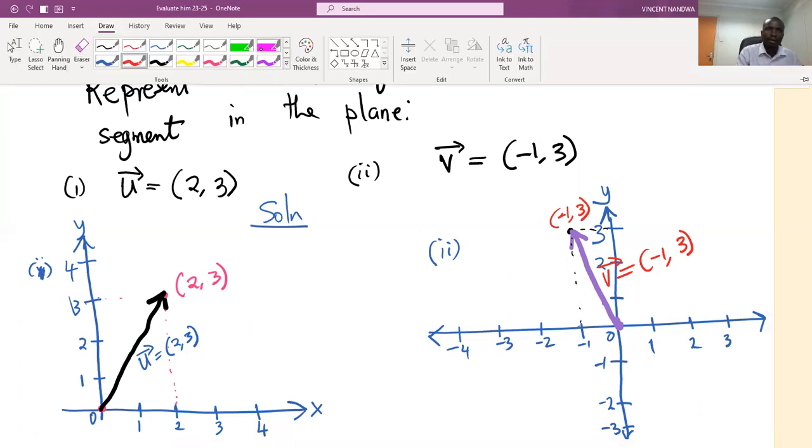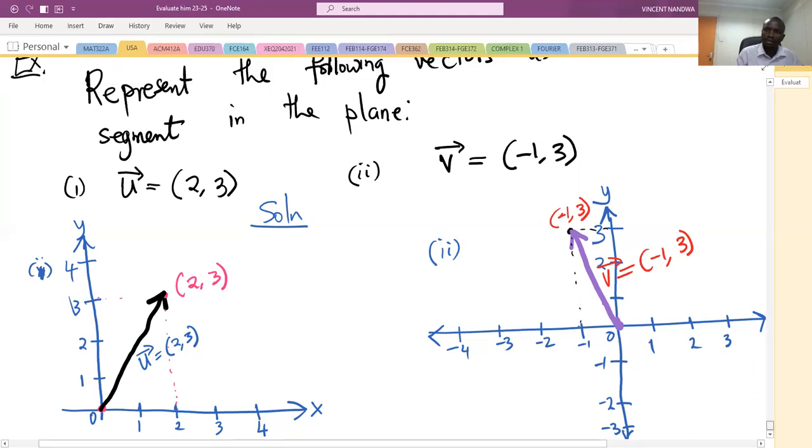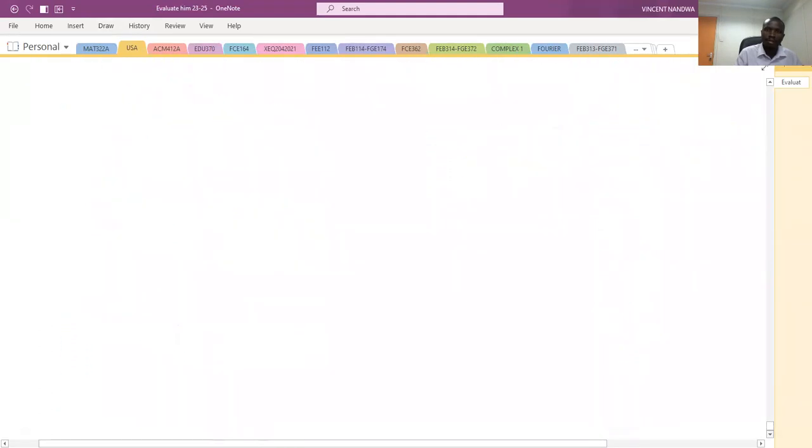So let's now give the laws of vector algebra for vectors.